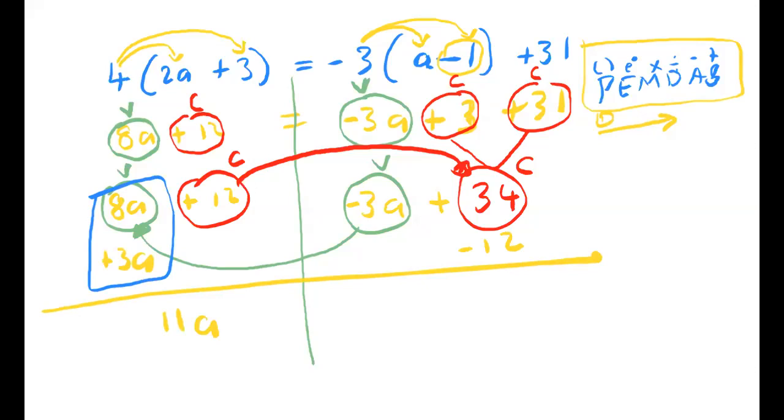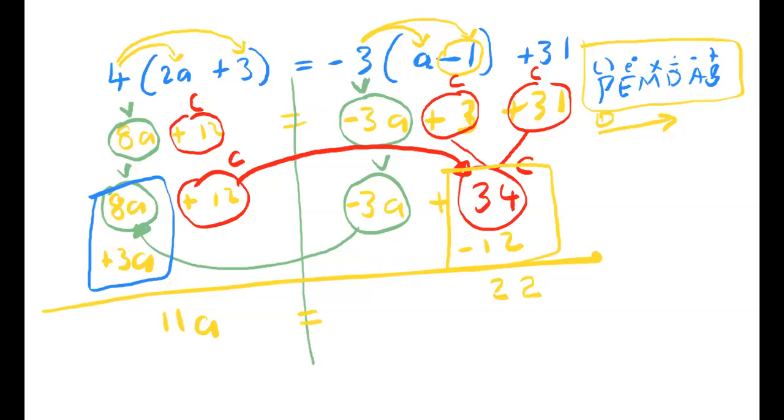We don't have it anymore. And now we combine these two. We're subtracting 12 from 34. 4 minus 2 is 2. 3 minus 1 is 2.